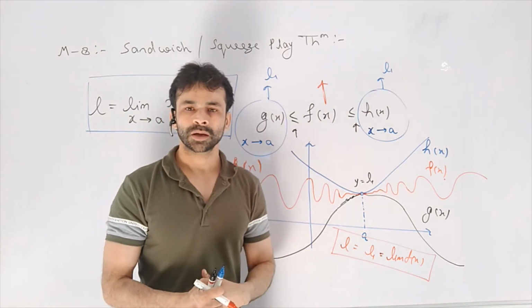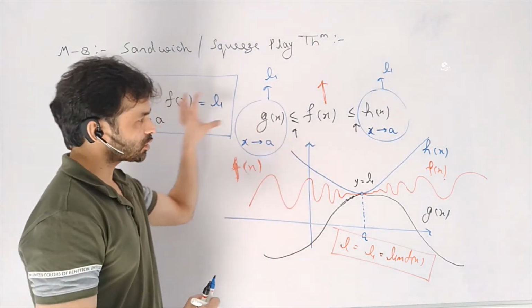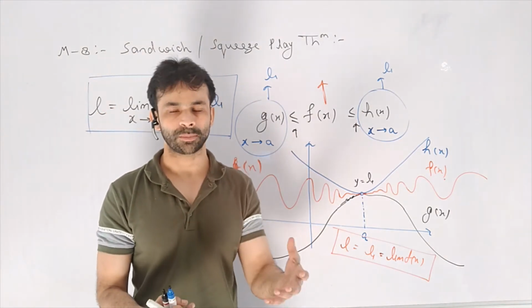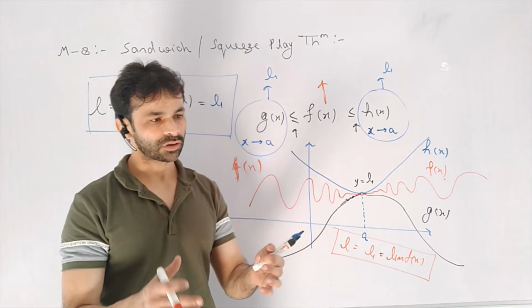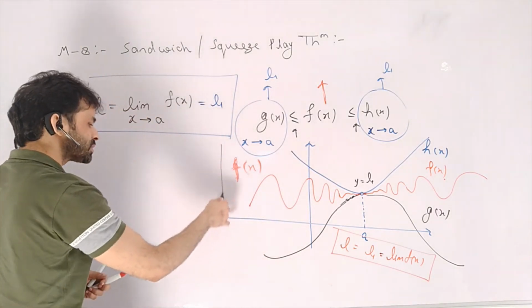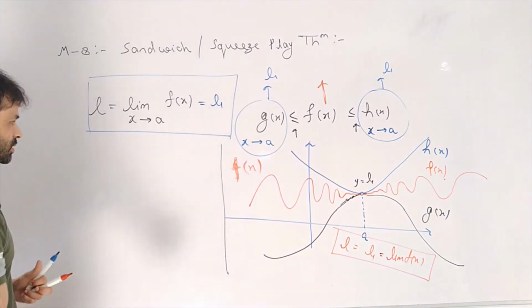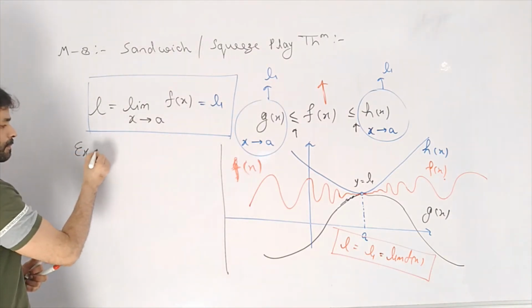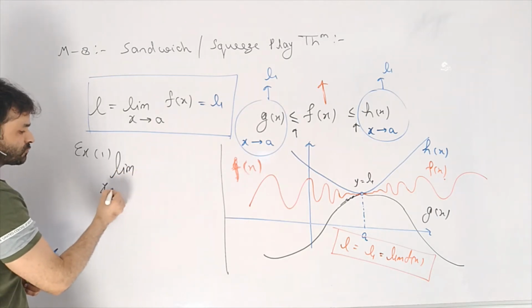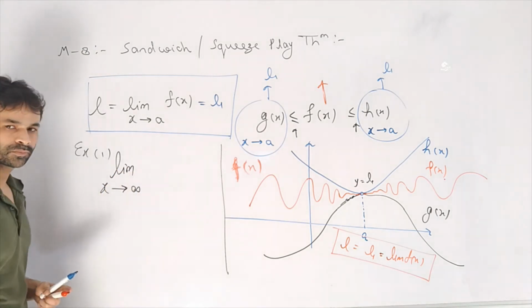But the main problem for such problems is when to apply the sandwich theorem. For that, I am telling you, more than 90% of the time, the limit will be x tends to infinity; that is one clue.